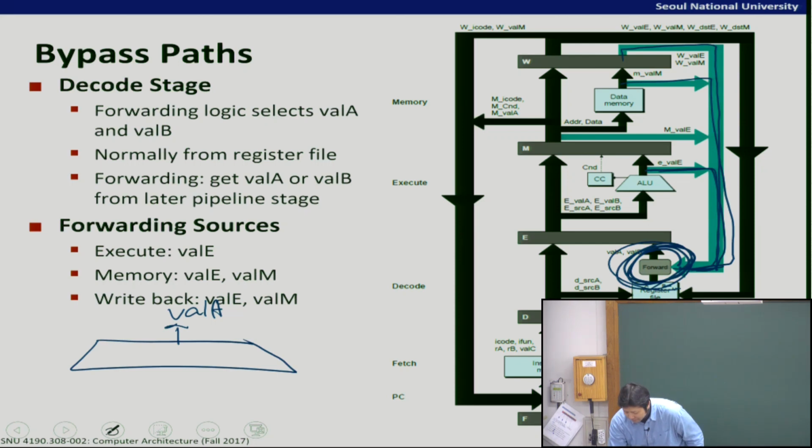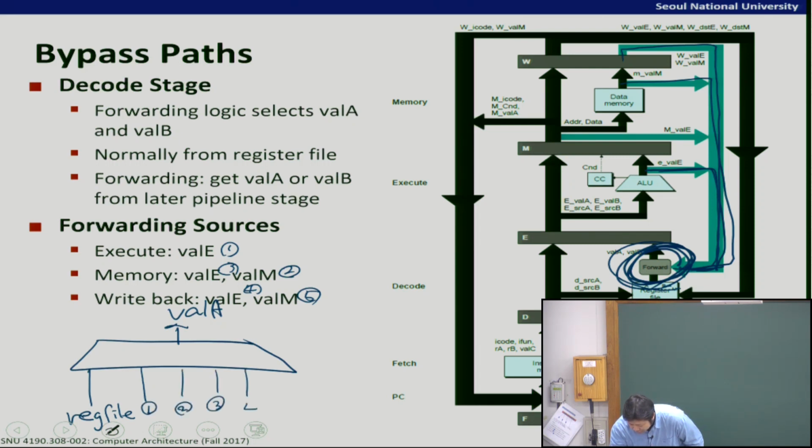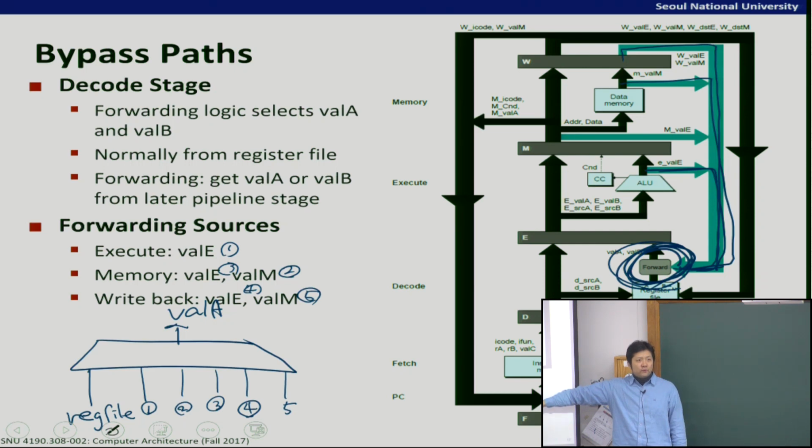One will be from the register file. The value may come from the register file, or it can come from one of these 5. Let's say this is 1, 2, 3, 4, 5. So now we have 6 different sources from which the value can come.